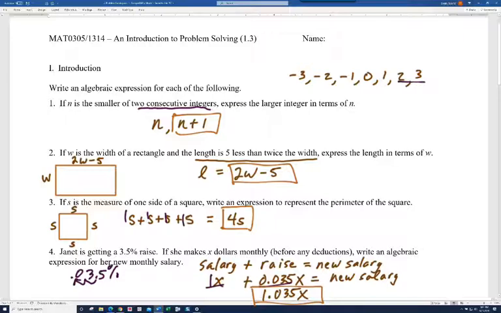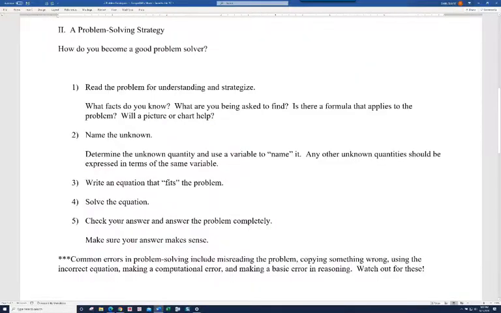All right, let's go ahead and move on and look at our strategy for solving word problems. Okay, so my first question to you is, how do you become a good problem solver? Now I know some of you are like, man, I'm just terrible. And maybe you know some people, they're like, man, it seems to come so natural to them.